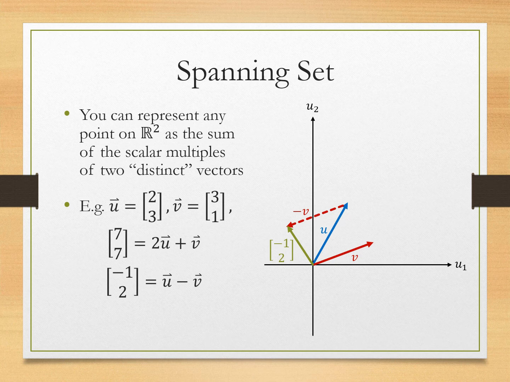This is general. This is something that you can always do as long as the two vectors are pointing along different straight lines, so they must not be multiples of each other. In a two-dimensional plane, you need two vectors. In a three-dimensional space, you need three vectors.